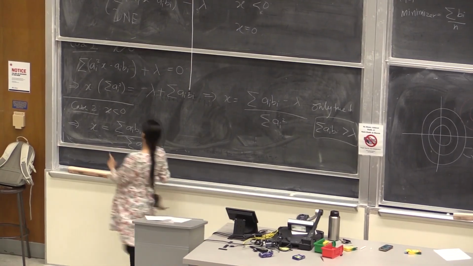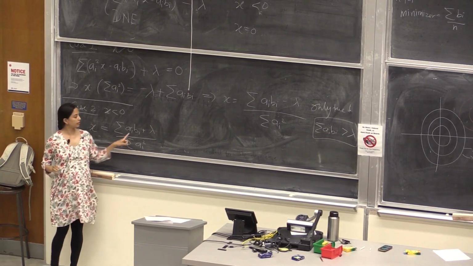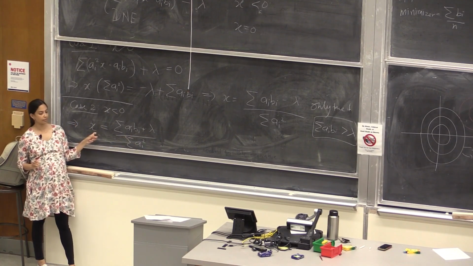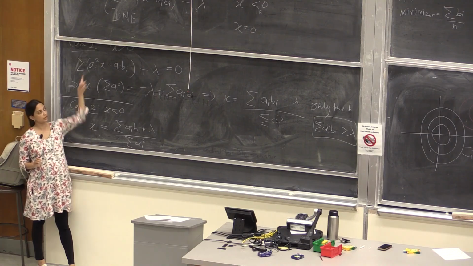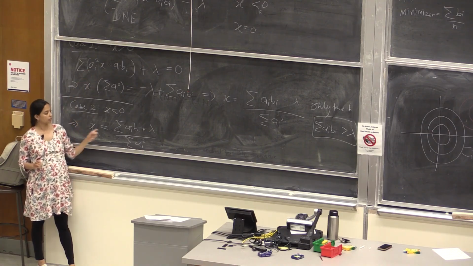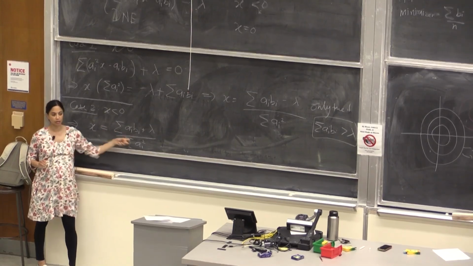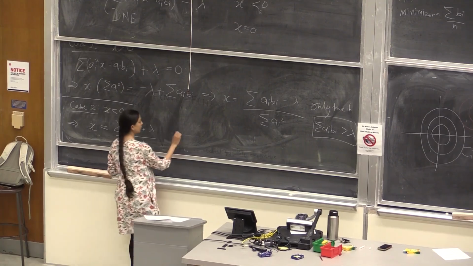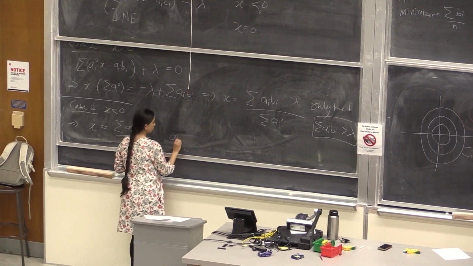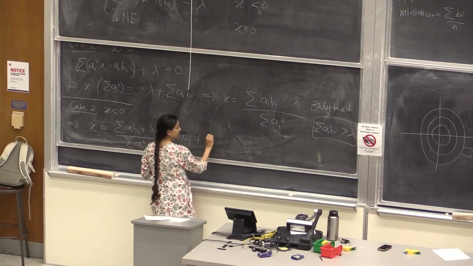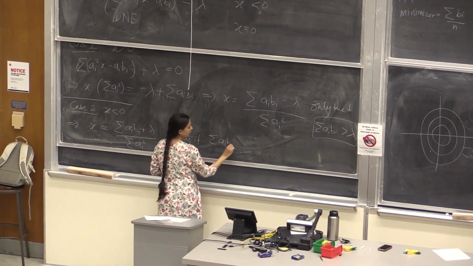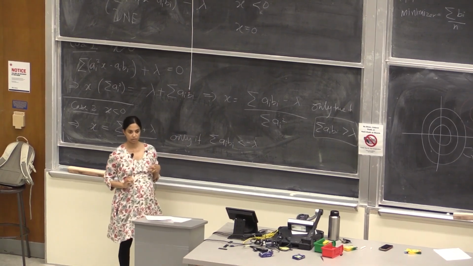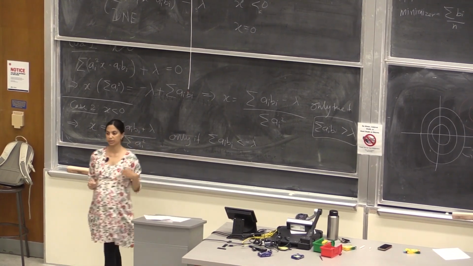But now, how do I make sure that I've satisfied my case here, if this is my value of x when I set the gradient in the second case to be equal to 0? I need to make sure that this term here is negative, right? So I need to say that it is only true if sigma ai bi is smaller than negative lambda. Right?